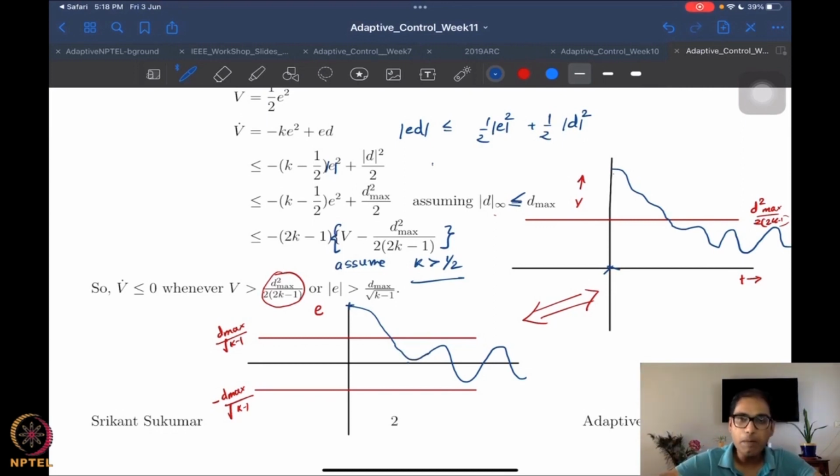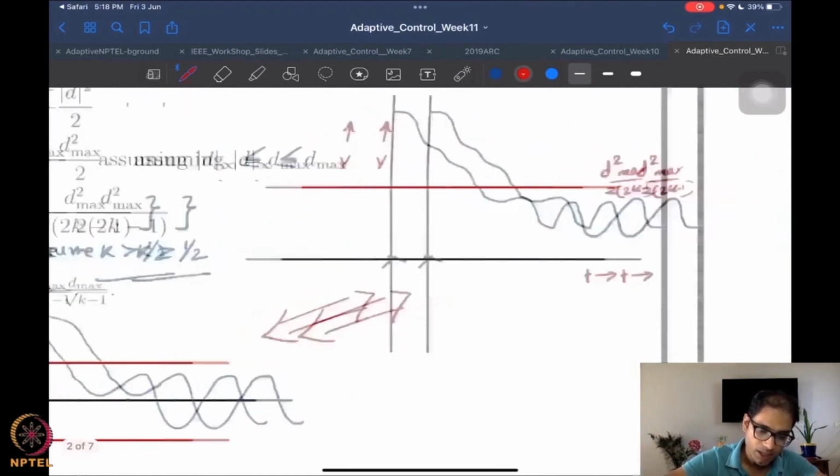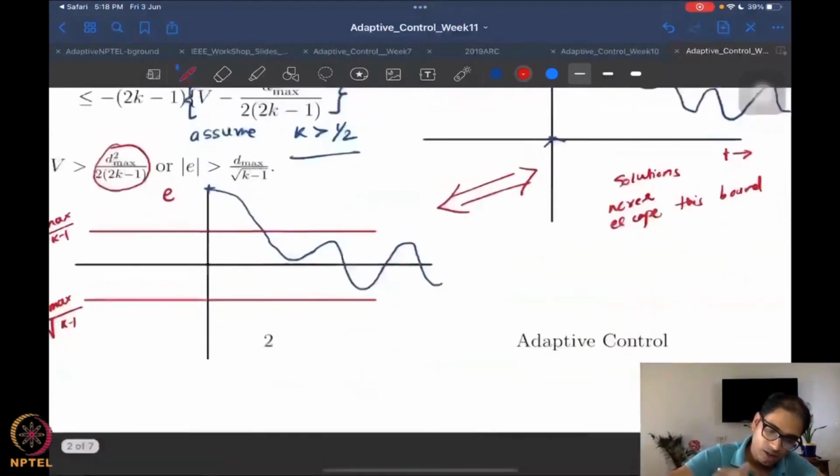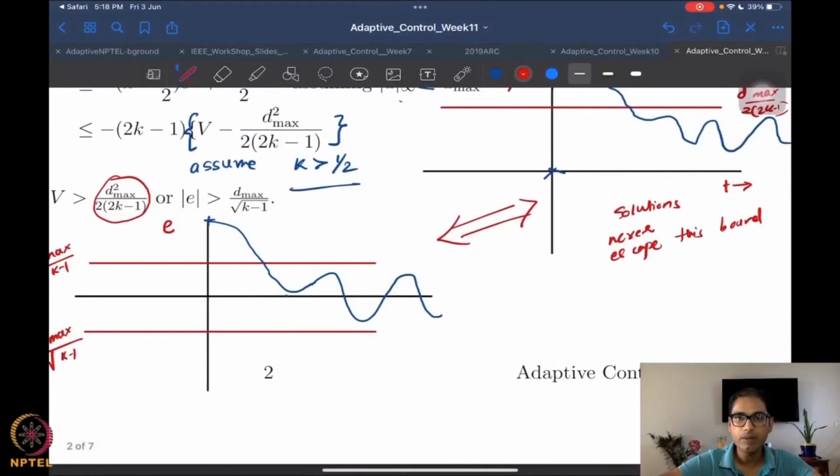The important thing to remember is that it will never get out of this. Solutions never escape this bound. The solutions never escape this bound.